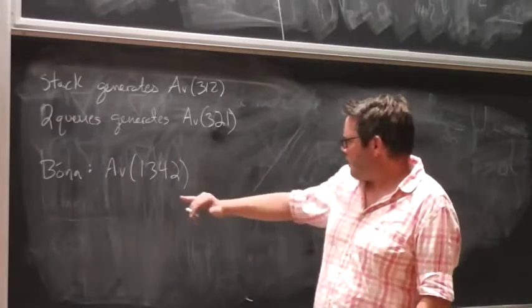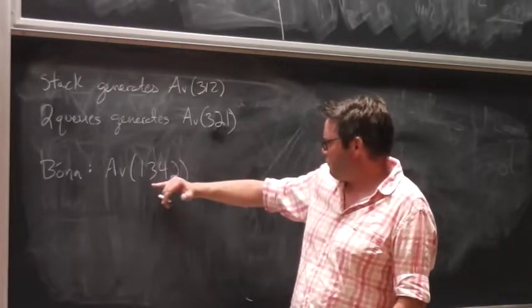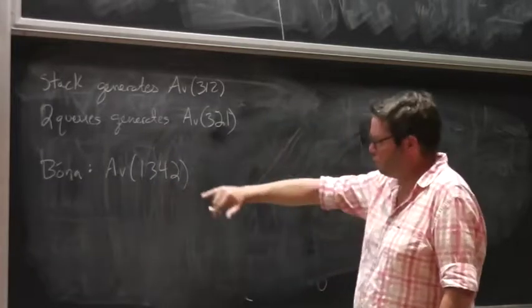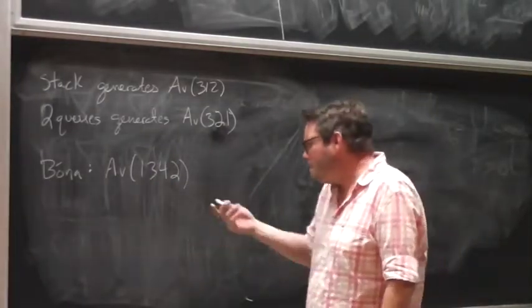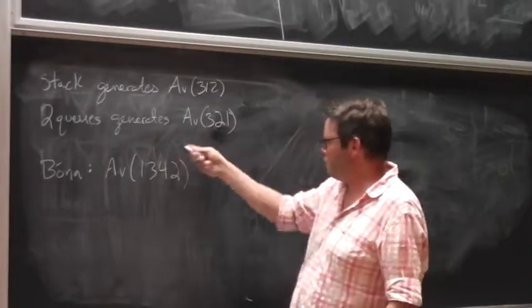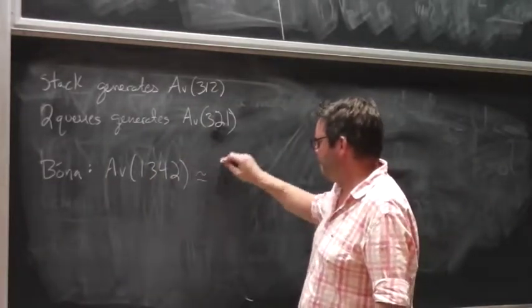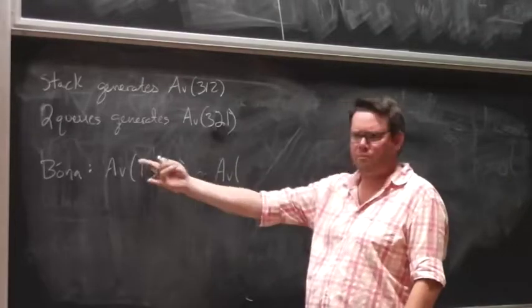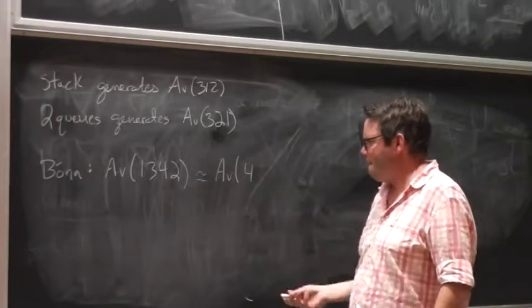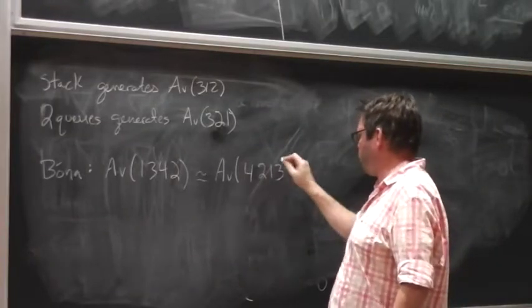And so Bona asked, well, is there a sorting machine that sorts this class? Okay, because they're equinumerous to something that's sortable. Well, maybe not this class, but if I just flip these permutations upside down, instead of avoiding this, they avoid 4, 2, 1, 3.